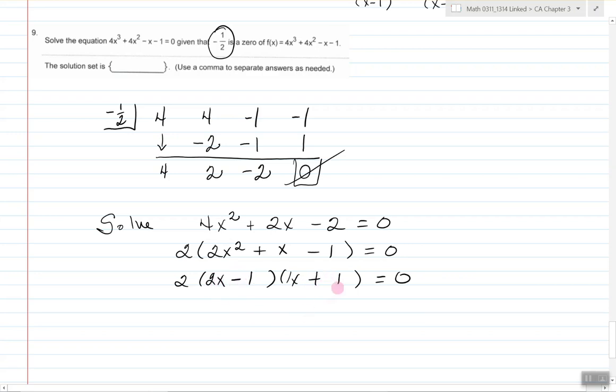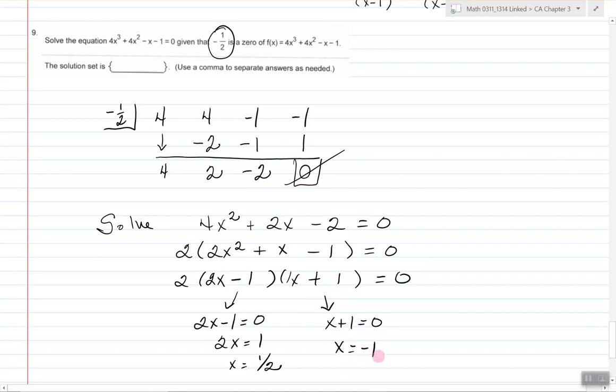The outer product is 2x, the inner product is negative 1x, and that will give me the correct middle term. So 2x minus 1 equals 0. 2x is 1. X is 1/2. If x plus 1 is 0, x is negative 1.